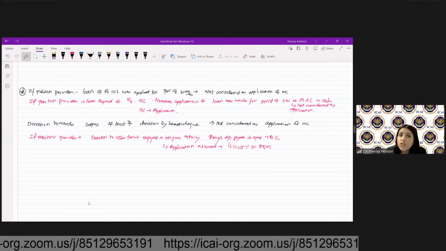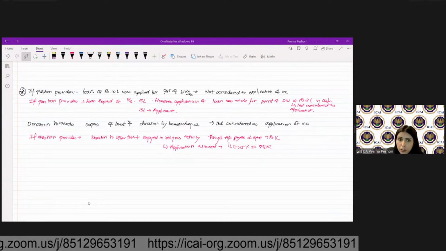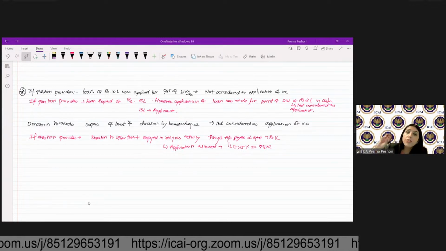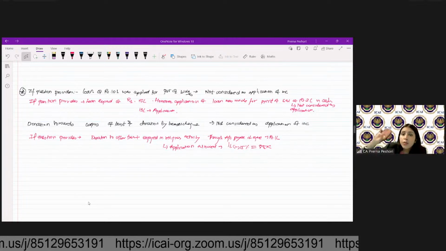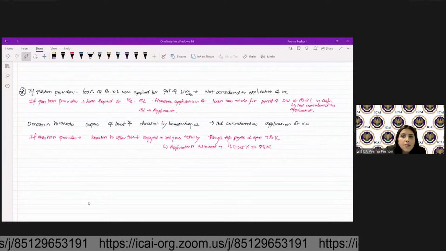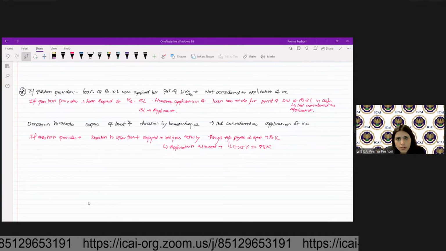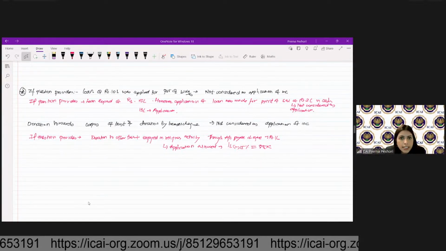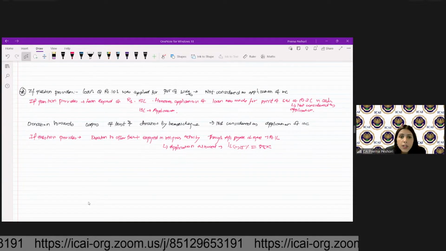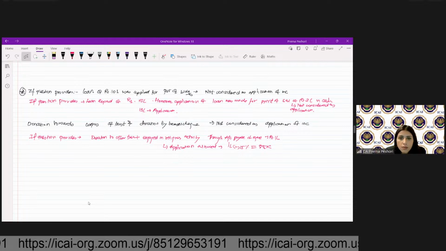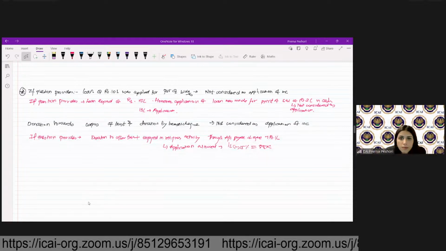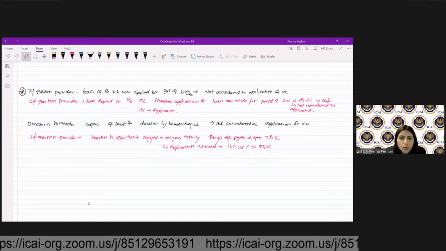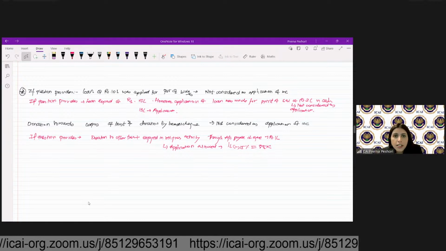So the corpus donations are also not considered as application. Amount that you deposit into the 11.5, that will be considered as application. Are we clear? Yes or no? Any questions so far? Any doubt?